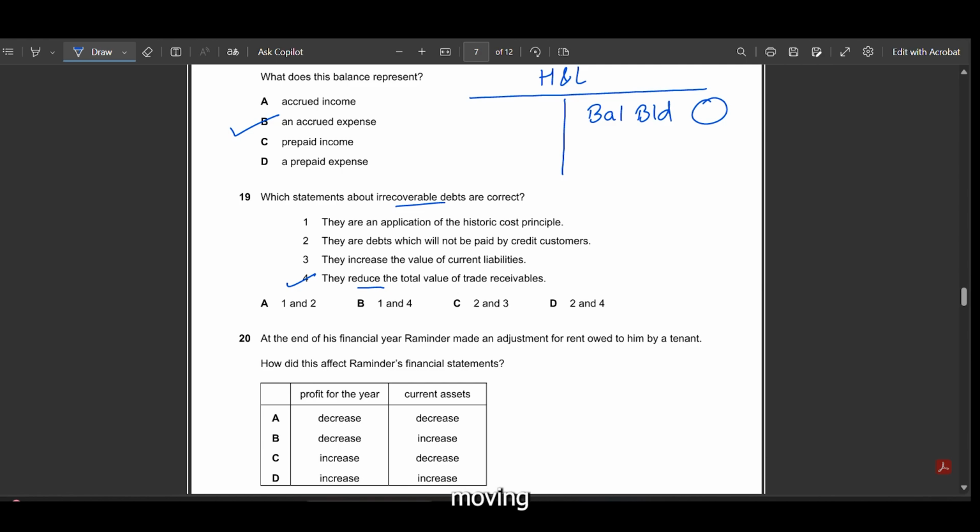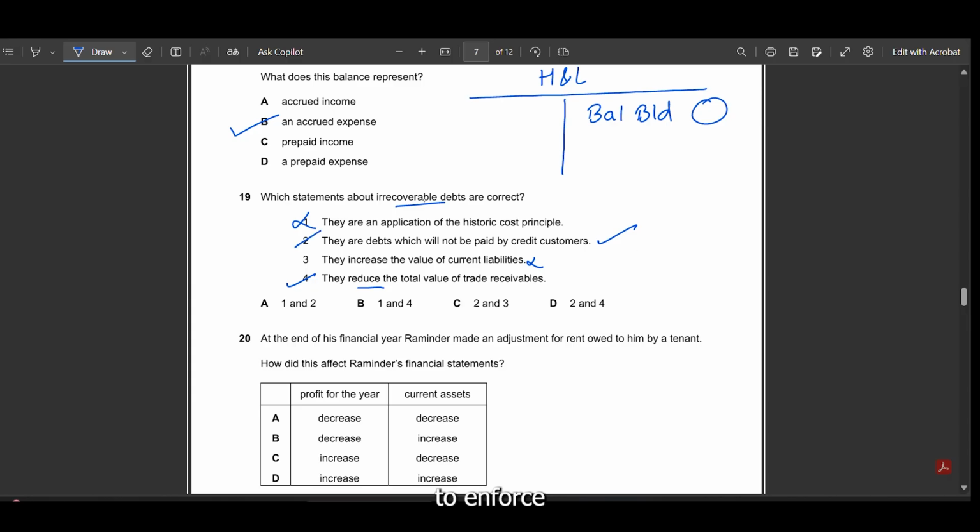Now moving ahead with the third option, they increase the value of current liabilities. Nothing like that. Now the first option, they are an application of the historic cost principle. Again, this is not the right option, I would say. They are debts which will not be paid by the customers.